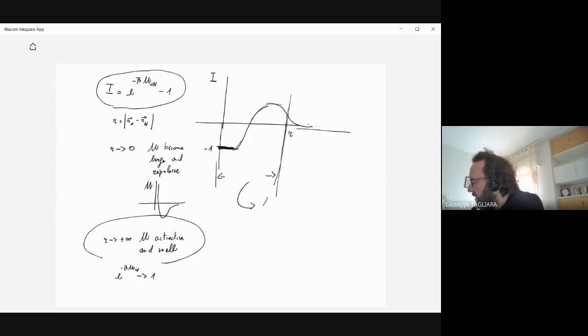So the I function drops to 0 at a distance of the order of the typical intermolecular scale of the interaction, let's say d.